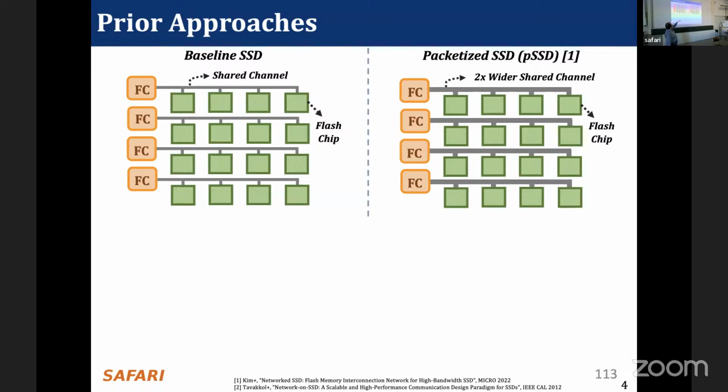In another work proposed in MICRO 2022, packetized SSD, we have this packetized SSD architecture, where what they do is widen the shared channel. So the bandwidth of the shared channel is now twice. Definitely it can reduce the overhead of conflicts, but it cannot solve it fundamentally.